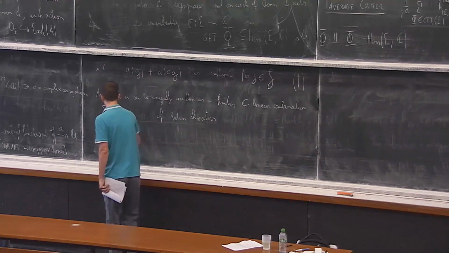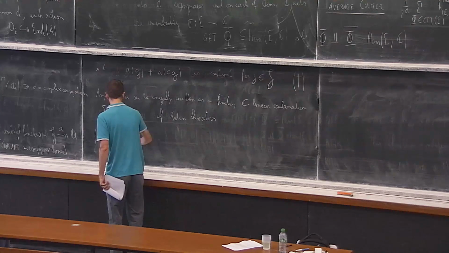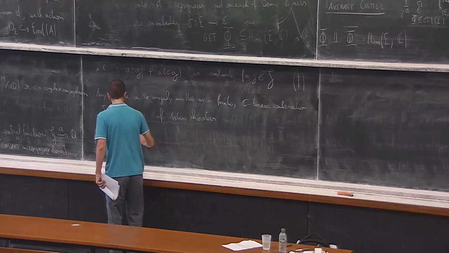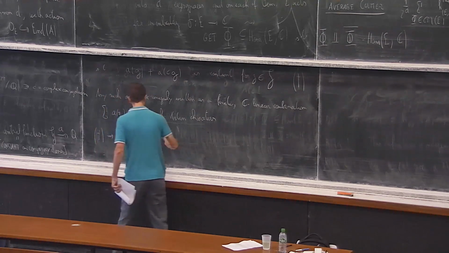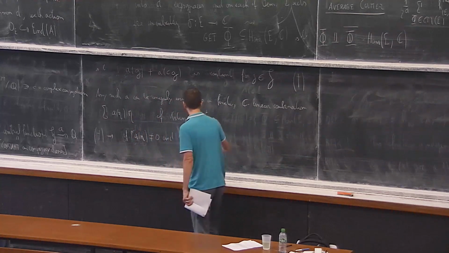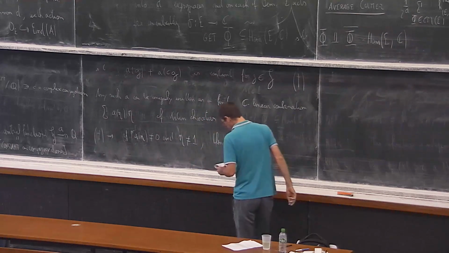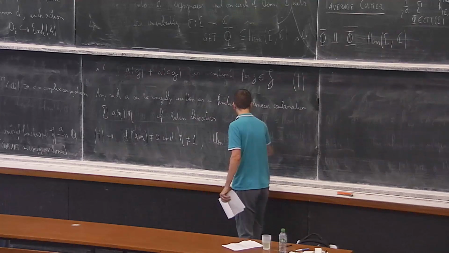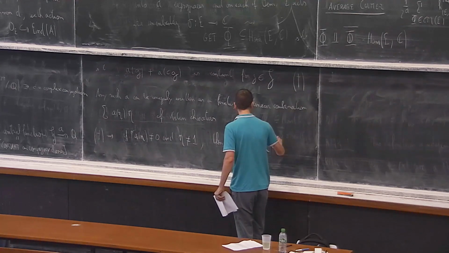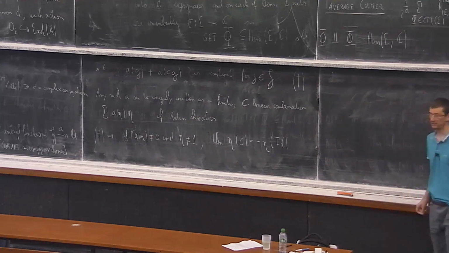So this condition here says that my function, if A_eta is different from 0 and eta is different from the trivial character, then the value of the arithmetic character on complex conjugation is minus the identity.